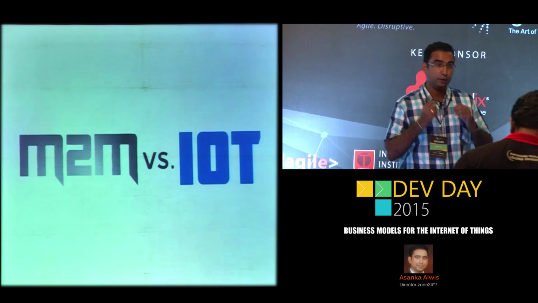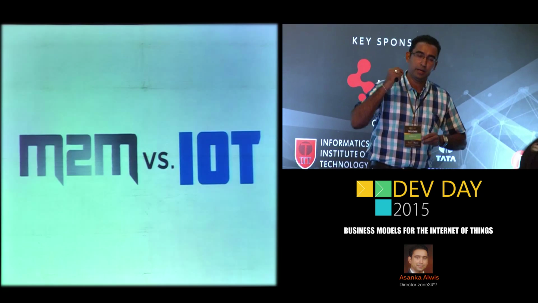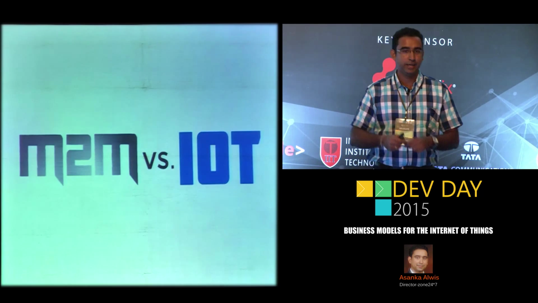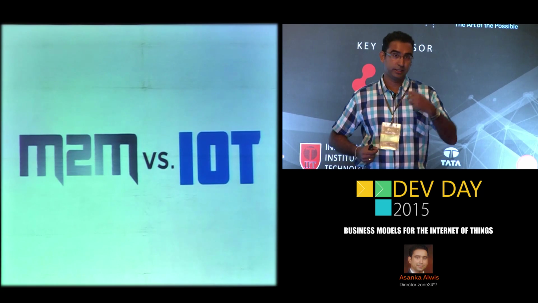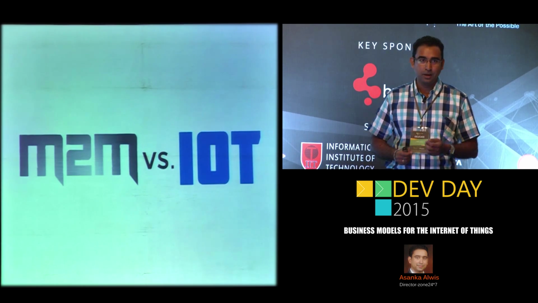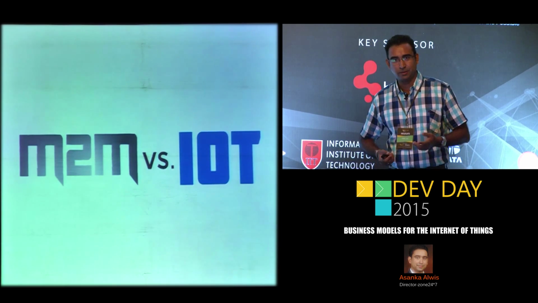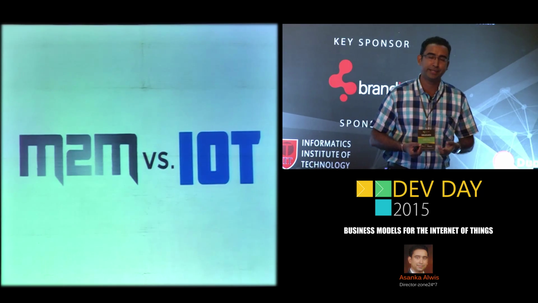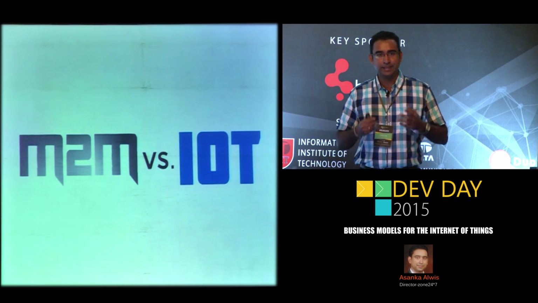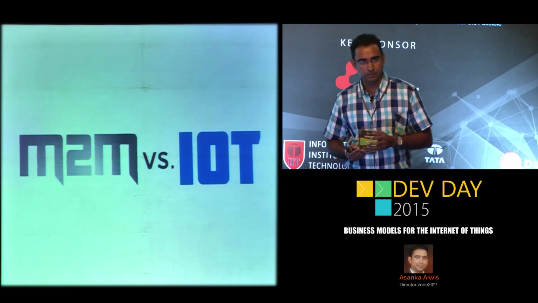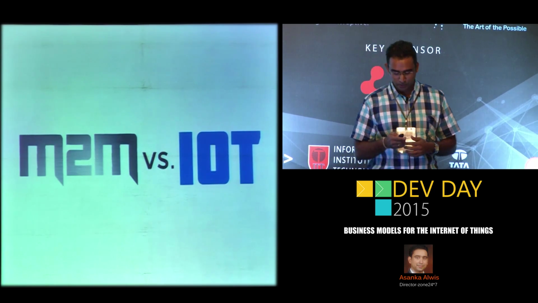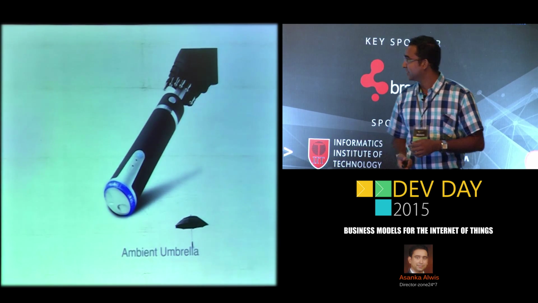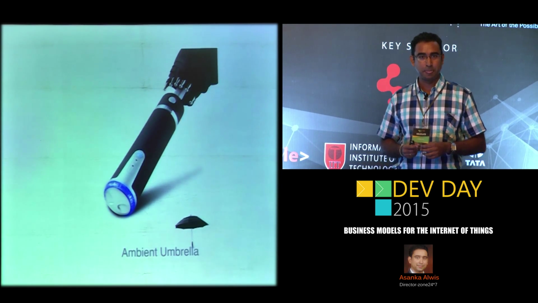But if there's a mobile application integrated with this, which utilizes these cloud services and tells you about the rainfall, whether you should be taking your umbrella or not, then it's a totally integrated system which gives the user an experience. So that's IoT. In fact, there are some ambient umbrellas out there.